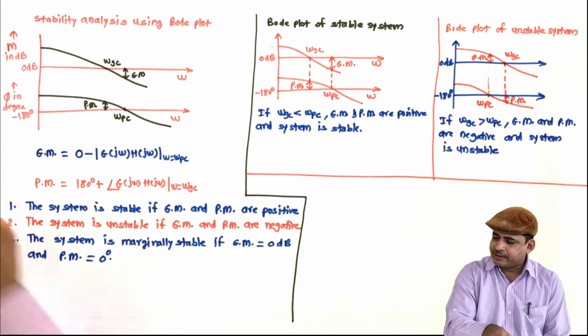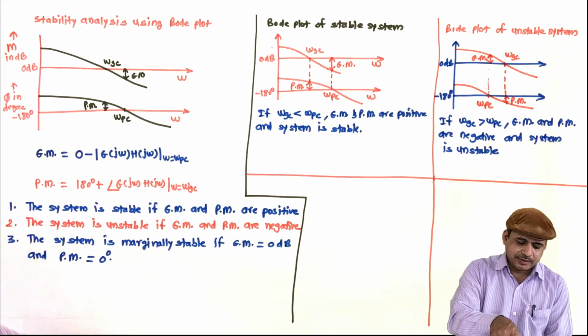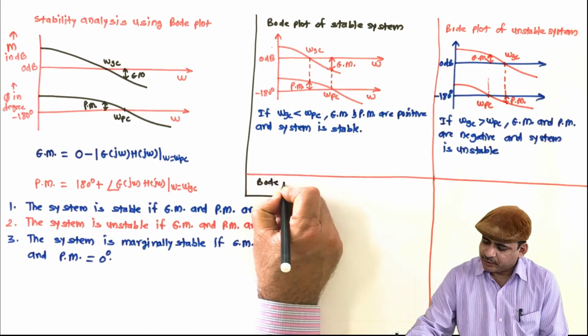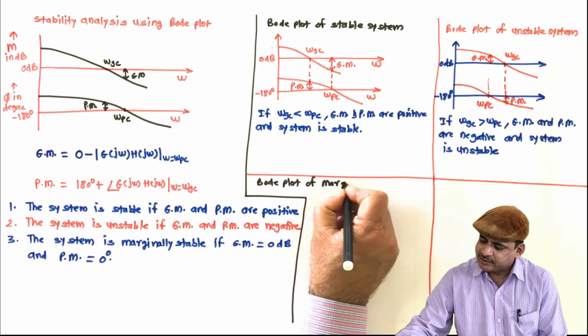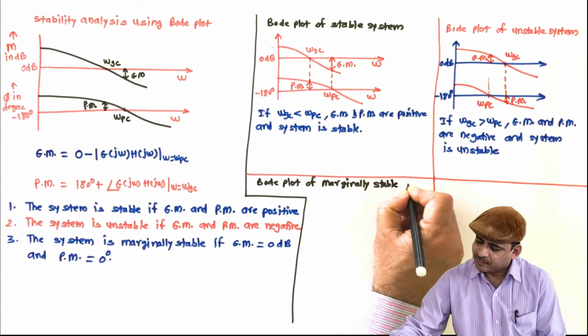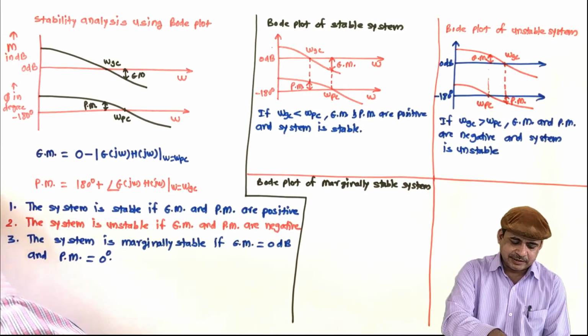Now if we consider the third case, that is Bode plot of marginally stable system. So let us consider it.